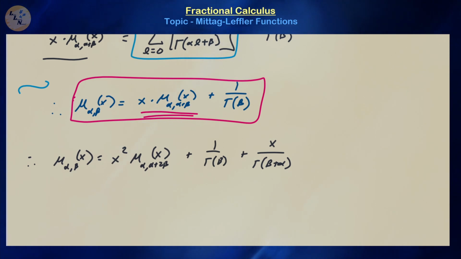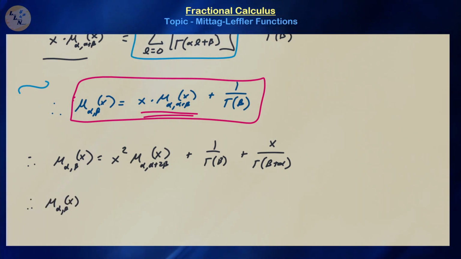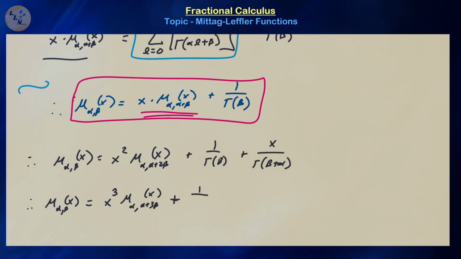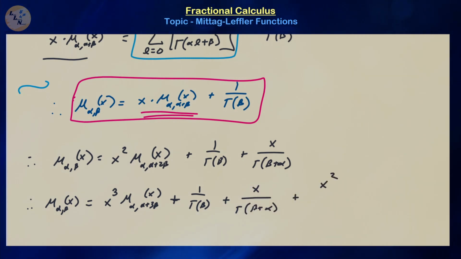That's pretty interesting. And we can continue this again. For example, Mittag-Leffler alpha beta of x is equal to x cubed times Mittag-Leffler alpha, alpha plus 3 beta of x, plus 1 over gamma beta, plus x over gamma of beta plus alpha, plus x squared over gamma of beta plus 2 alpha. Do you see the pattern?